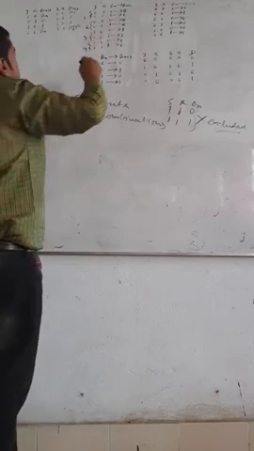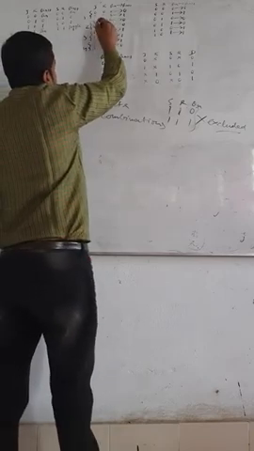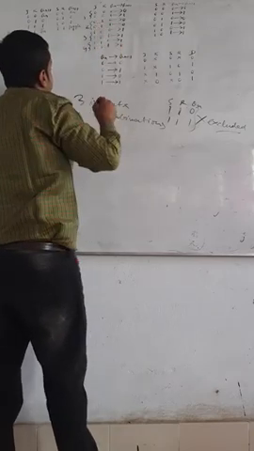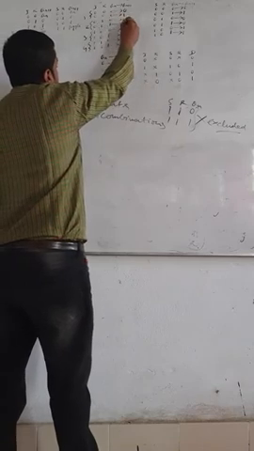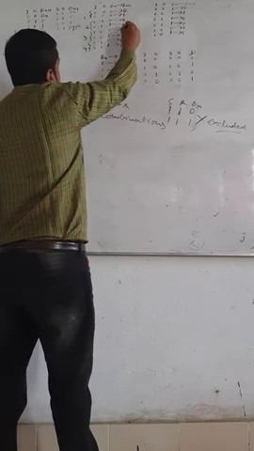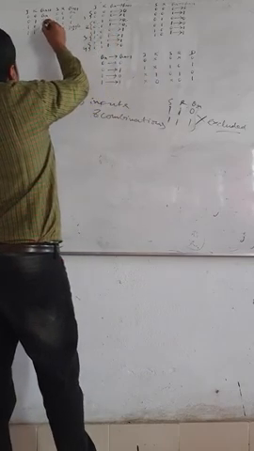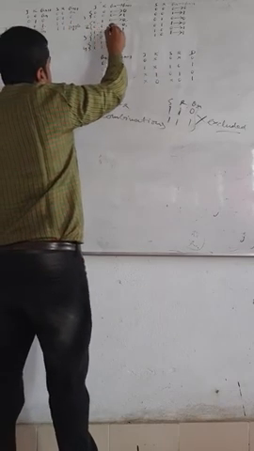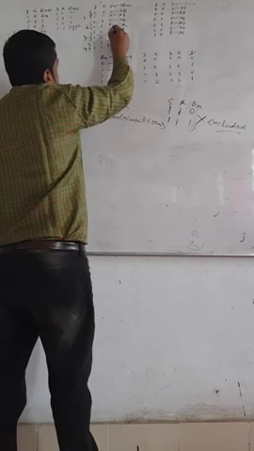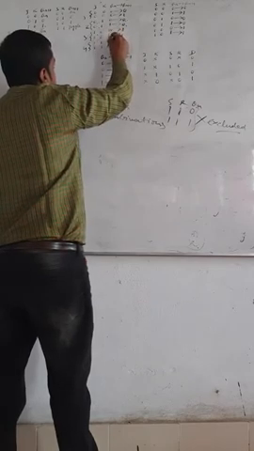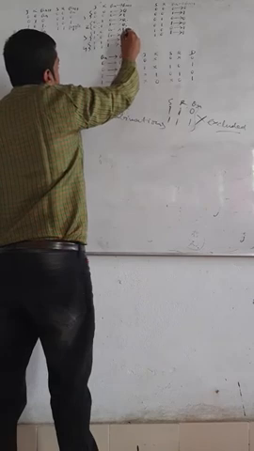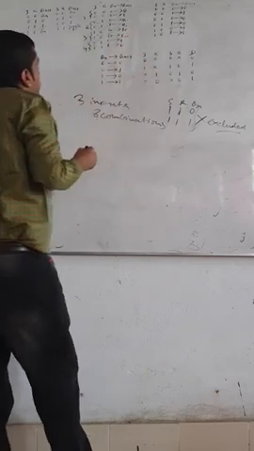Now if the input set is 0 1, irrespective of 0 or 1 in QN, output QN plus 1 will be 0. Now input set is 1 0. 1 0 means in JK it's 1, so irrespective of QN being 0 or 1, QN plus 1 will be 1. Both cases QN plus 1 will be 1.